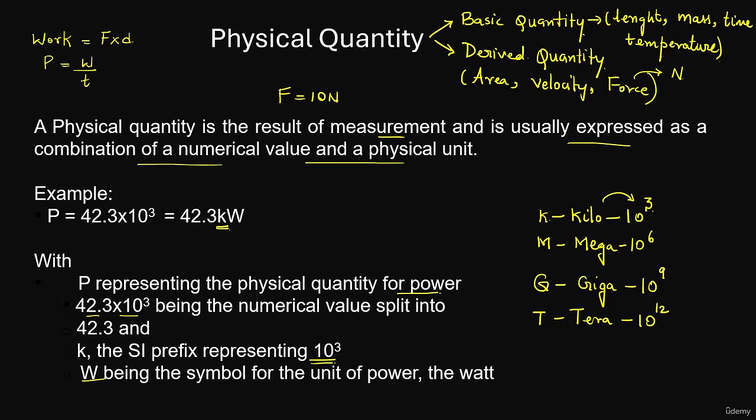As we progress into the subject, we will find such physical quantities, and the moment we see a value represented with a physical unit, all these things should come to our mind. Only then will we be able to tackle complex problems very easily. So this is a very basic and fundamental step.